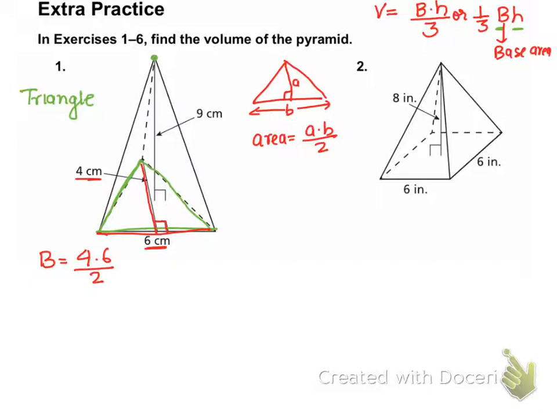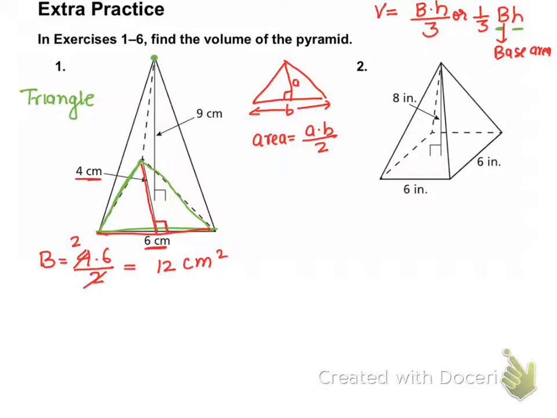Usually we say, because in a triangle we say base times height over 2. If you're using two base words, you will get confused. So that's why I used A and B. So you need to have the height of the triangle, and you have to have the bottom measurement, multiply both, divide by 2. So that's a base area. So when you just cross cancel, you get 12 centimeters squared.